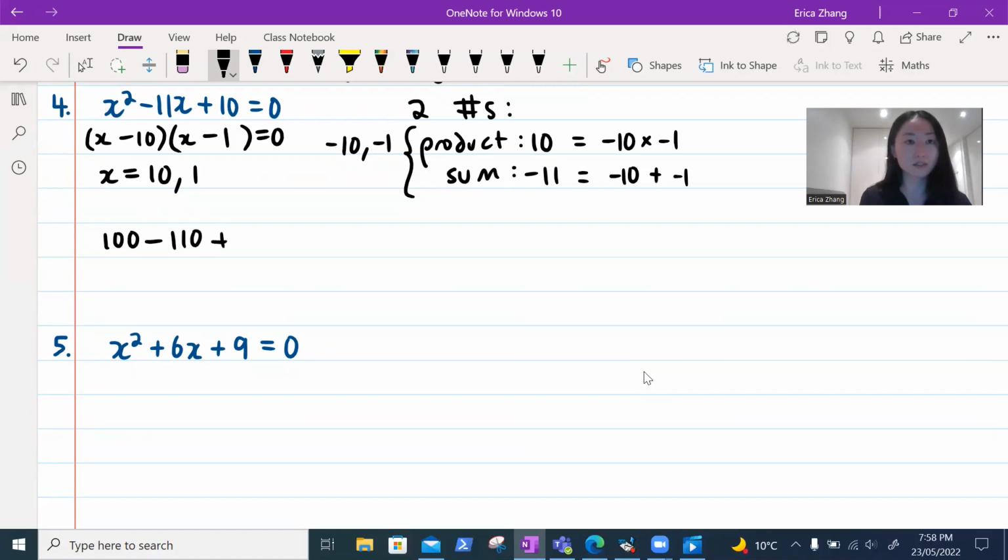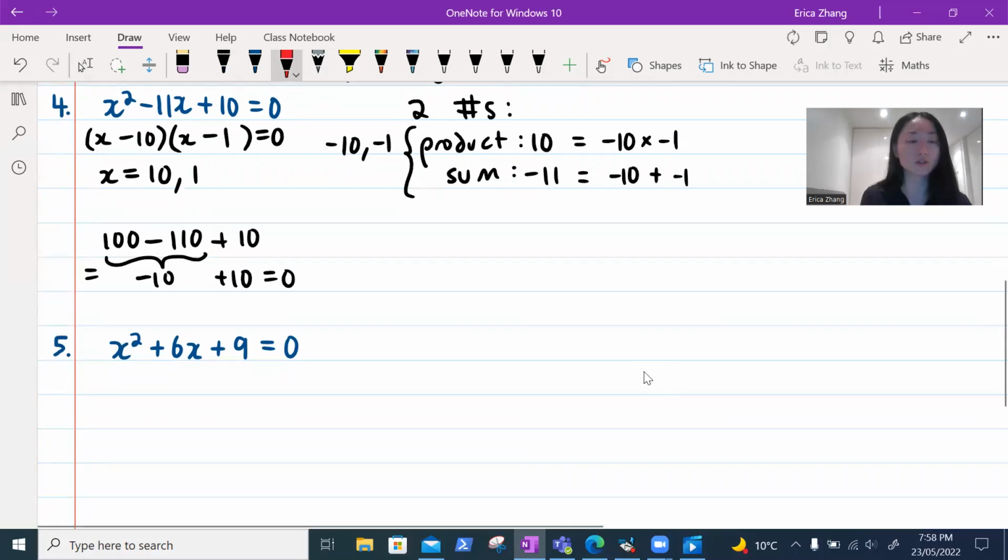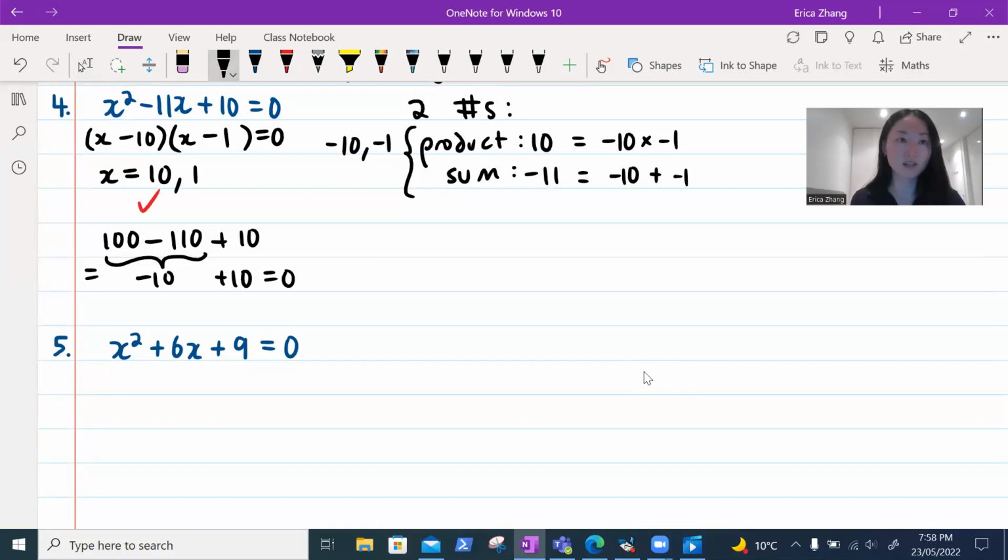Plus 10. This gives us -10 plus 10 is 0. So our first solution is correct. We can do this in our heads, hopefully. 1 squared is 1. 1 minus 11 times 1, so 1 minus 11 is minus 10. Minus 10 plus 10, 0.